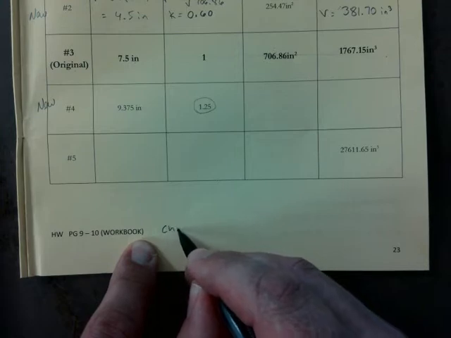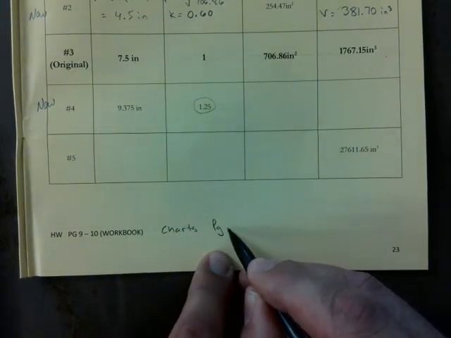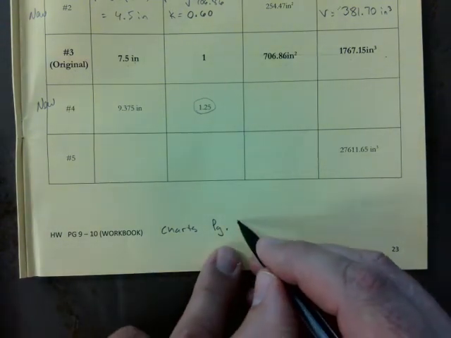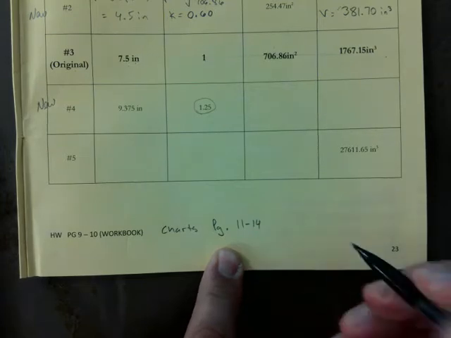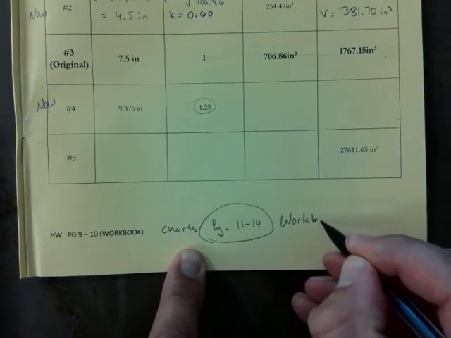If you want charts, you have to go to the workbook and go to pages 11 to 14 basically. And you knock yourselves out. Like I'm going to post the keys to this. This is in the workbook.